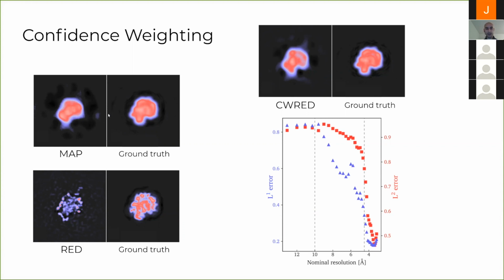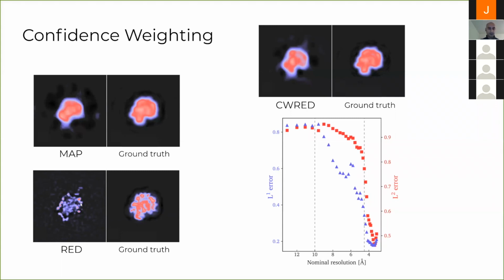It's blobby, it doesn't have that much. But if you just apply this RED approach, you get something like this. And you can see here that it's not at all similar to the ground truth. It's hallucinating things that aren't there. I mean, there's a stalk here that's not at all present here.